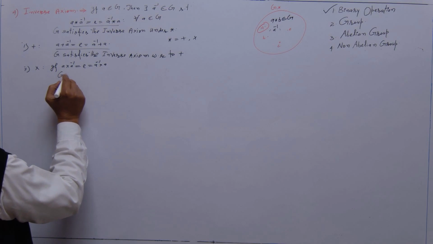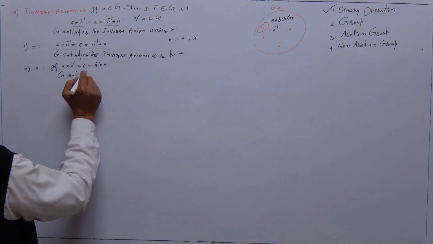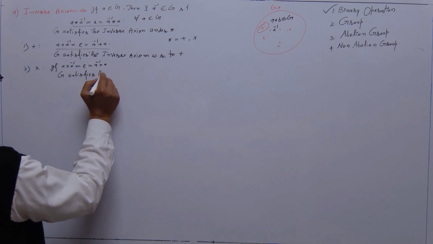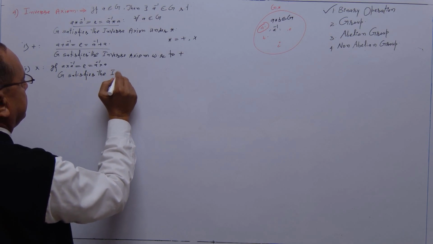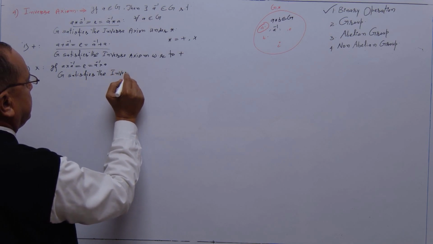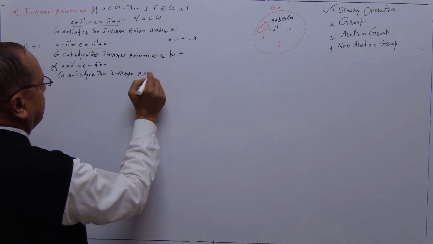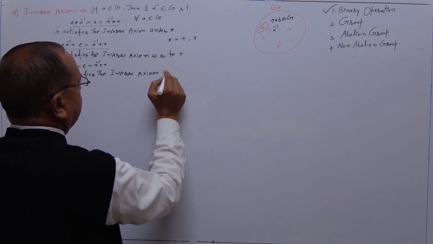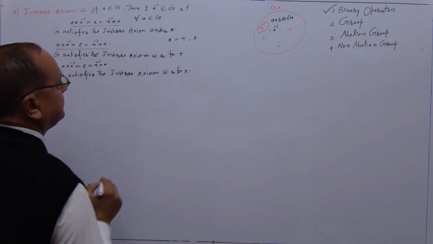Then this set G satisfies the inverse axiom with respect to multiplication.